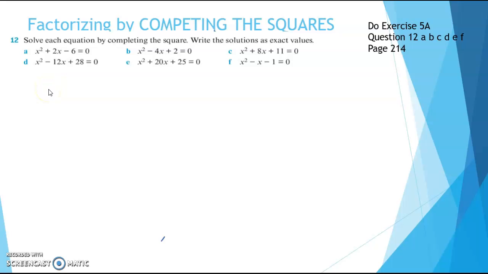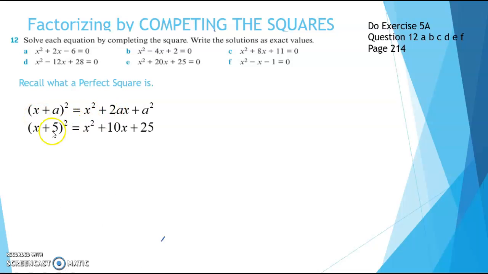Now, we need to get back to what a perfect square is. Recalling that a perfect square is, for instance, x plus a all squared. And the shortcut was: square the first term, square the second term, multiply the two terms together, that's a times x, ax, and then double it.